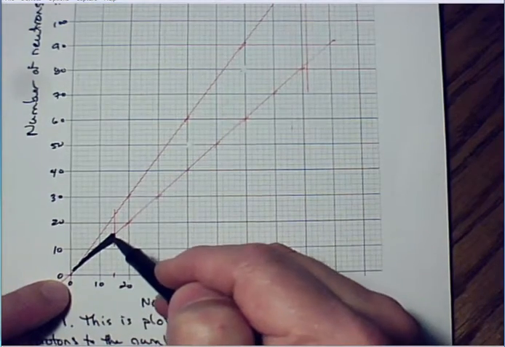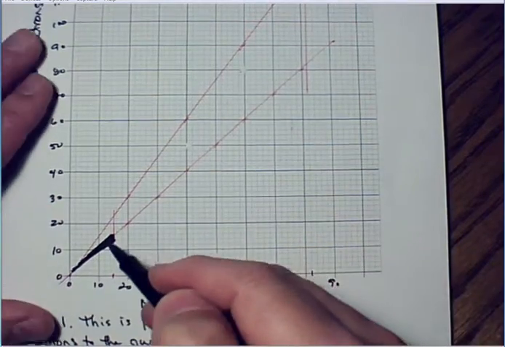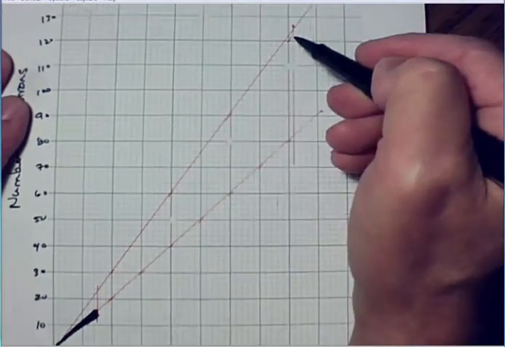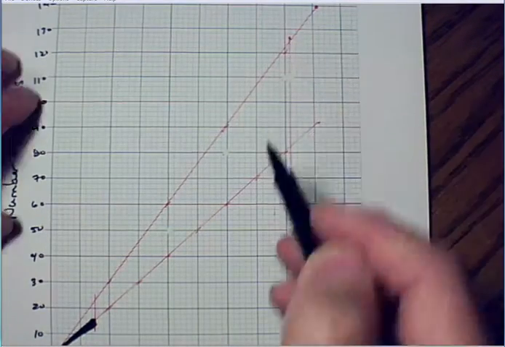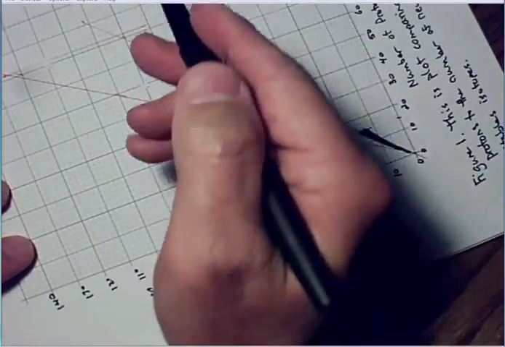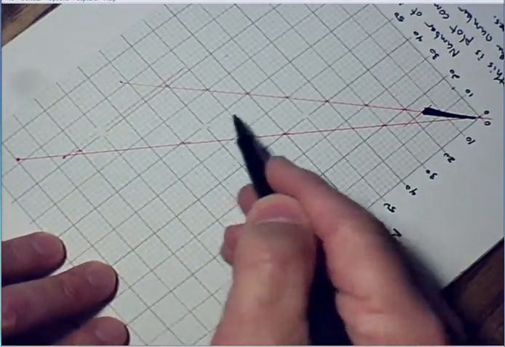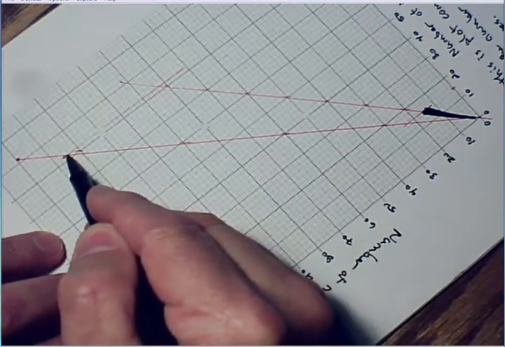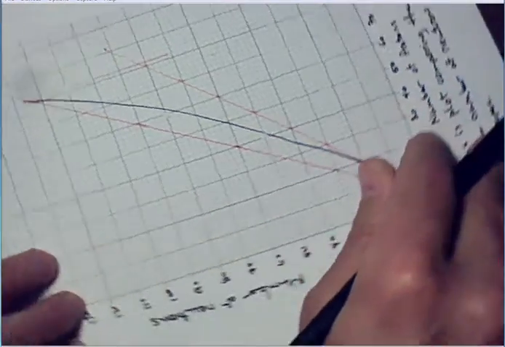All right. After 15, you need a smooth curve upward until you intersect here where these two lines come together. What I showed you the other day was if you use your wrist as a hinge, and just play with it a little bit until you find the right angles, you can get a nice smooth curve like this.